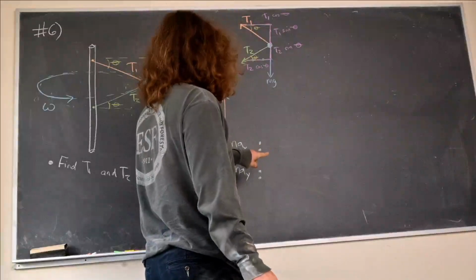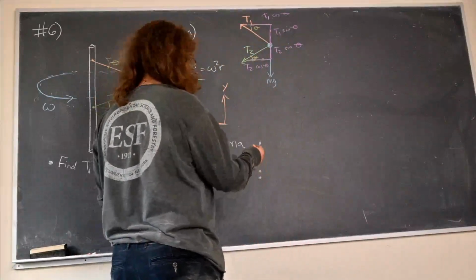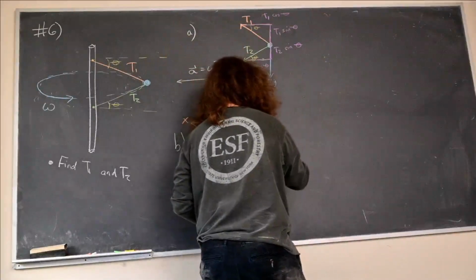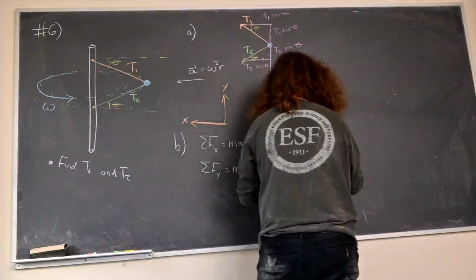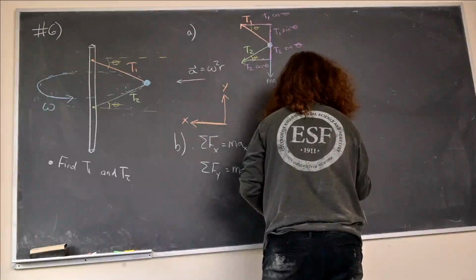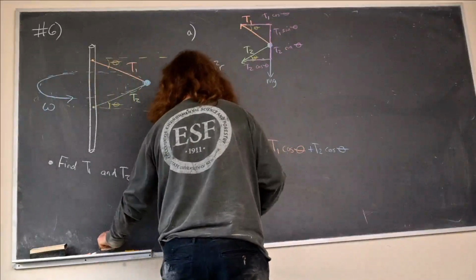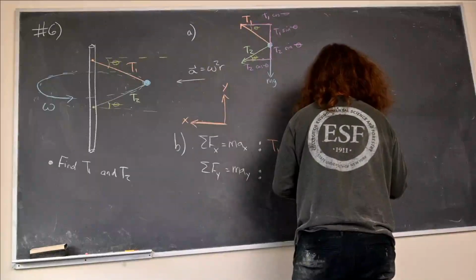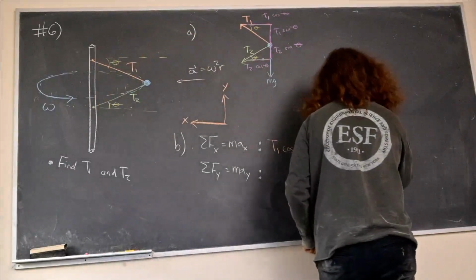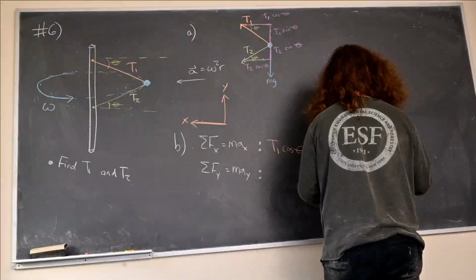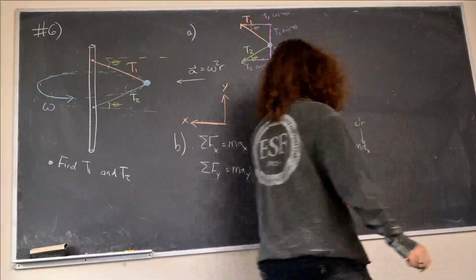In the x direction, all I've got are the horizontal components of the tensions. So T1 cosine theta plus T2 cosine theta equals m times the acceleration in the x direction, m a_x, but we know a_x is omega squared r.